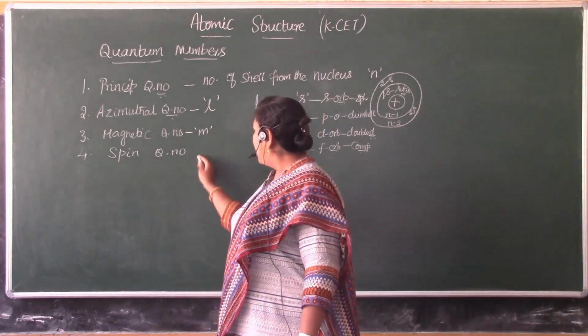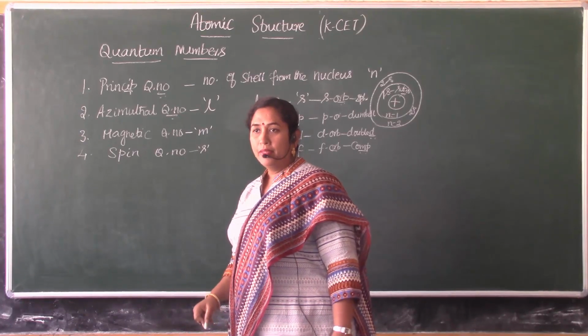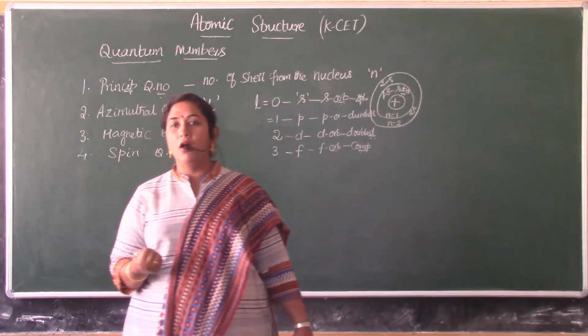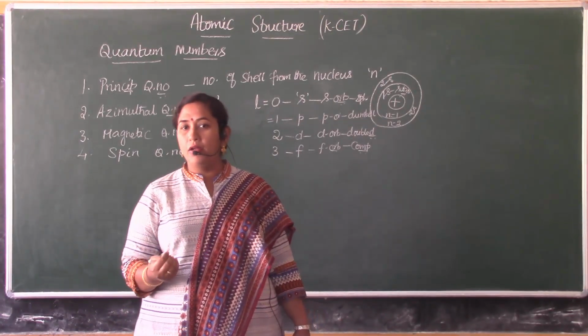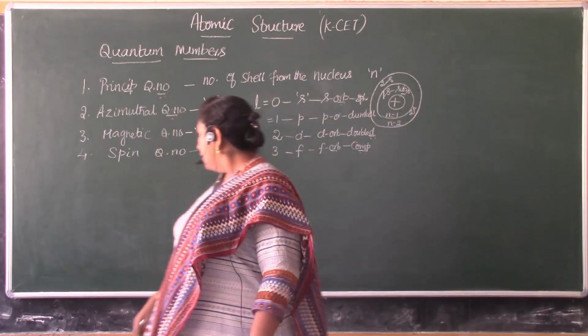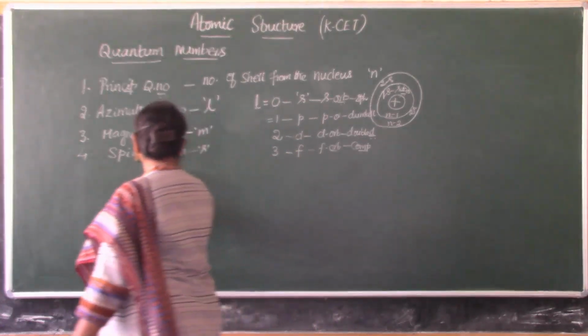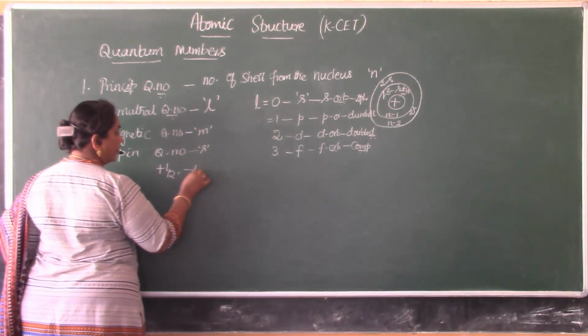Then finally the spin quantum number, which is indicated by s. It tells us about the direction of spinning of the electron in an orbital. It will always have two values, plus half and minus half.